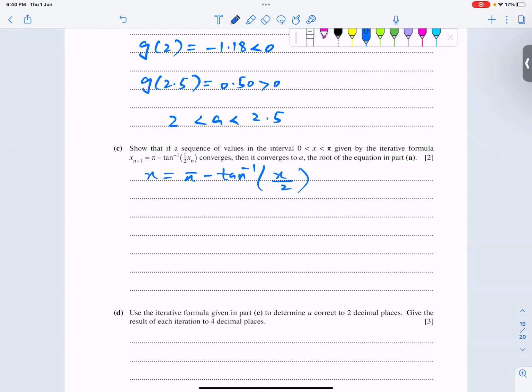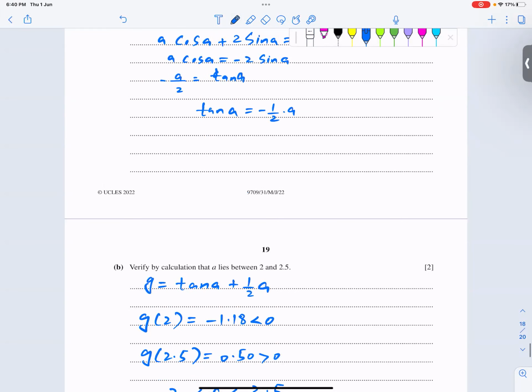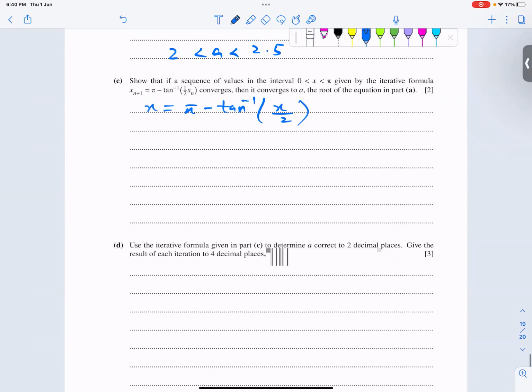So the original equation was tan of a is equal to negative 1 over 2. So tan inverse of x over 2 is equal to pi minus x. Then x over 2 will become tan of pi minus x.